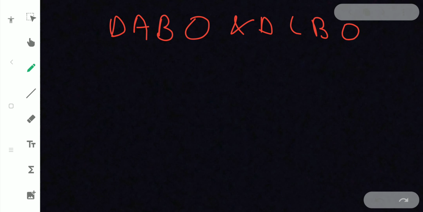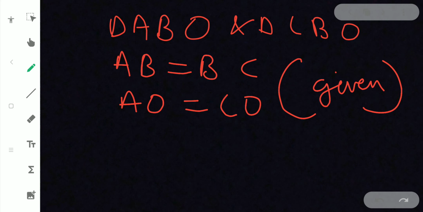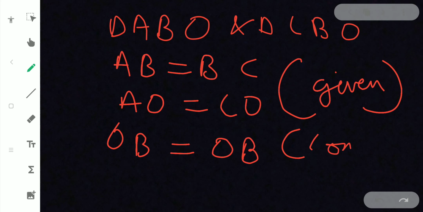I am writing here AB is equal to BC, AO is equal to CO. For these both I am writing in brackets given. It is given in the question itself. And OB is equal to OB, it is common for both the triangles.